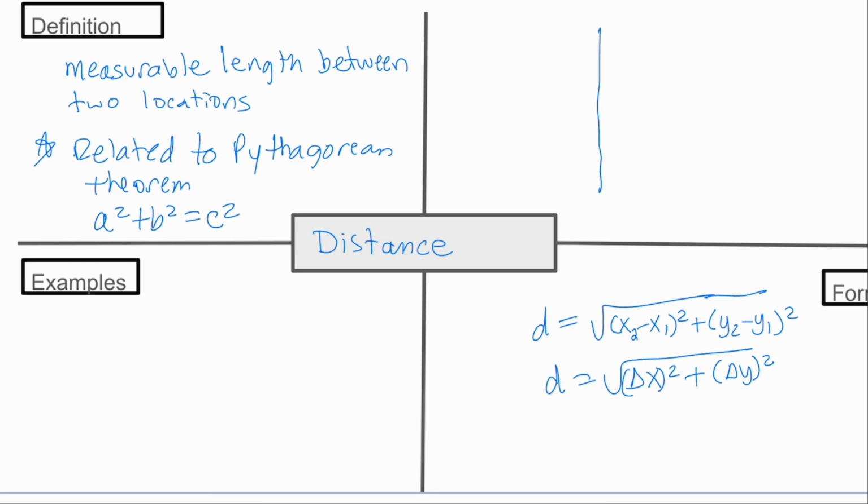So let's go up to our picture. And let's go to the points 1, 1 and 4, 2. And this is our distance.